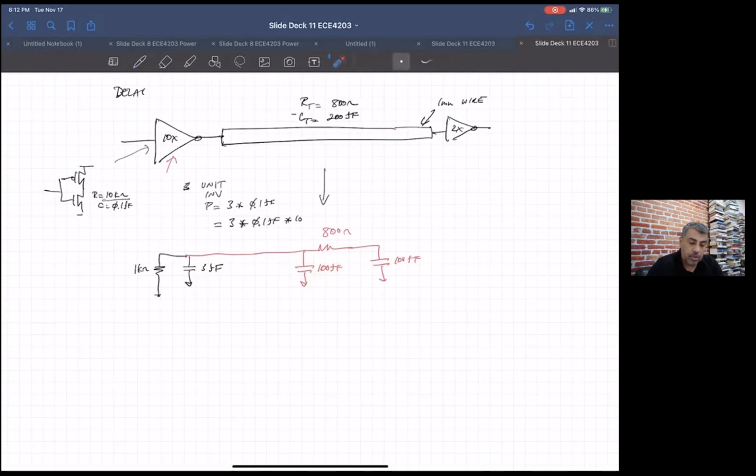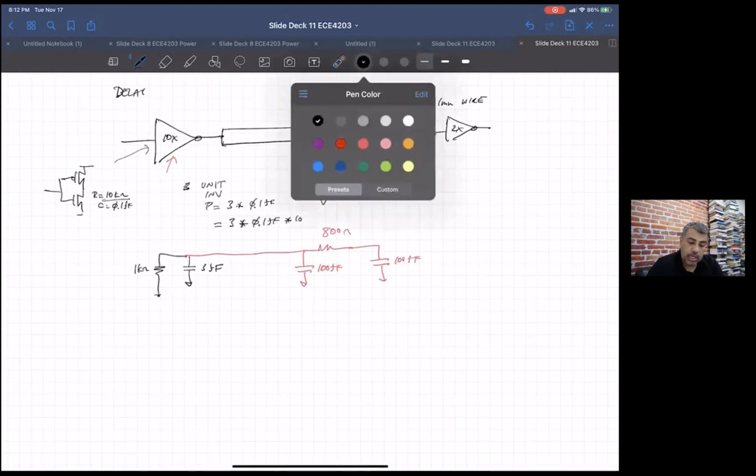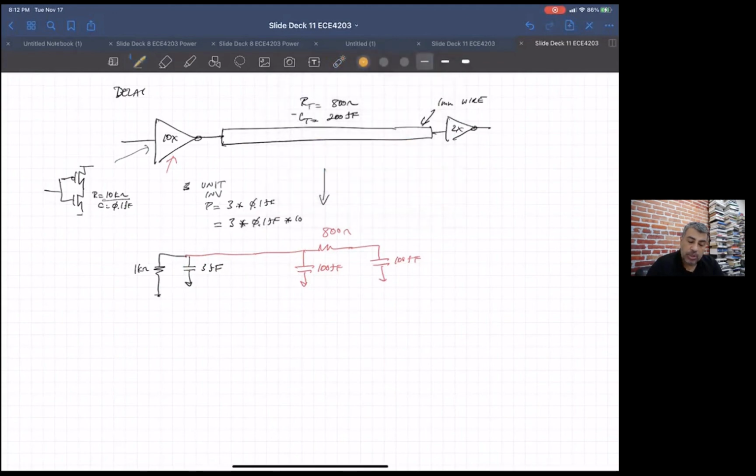Okay, and now let's look at the 2x inverter here. Because we're driving a gate, we only have to worry about the gate capacitance. We don't need to worry about the resistance, because the only thing you'll see in your delay is these two gates.